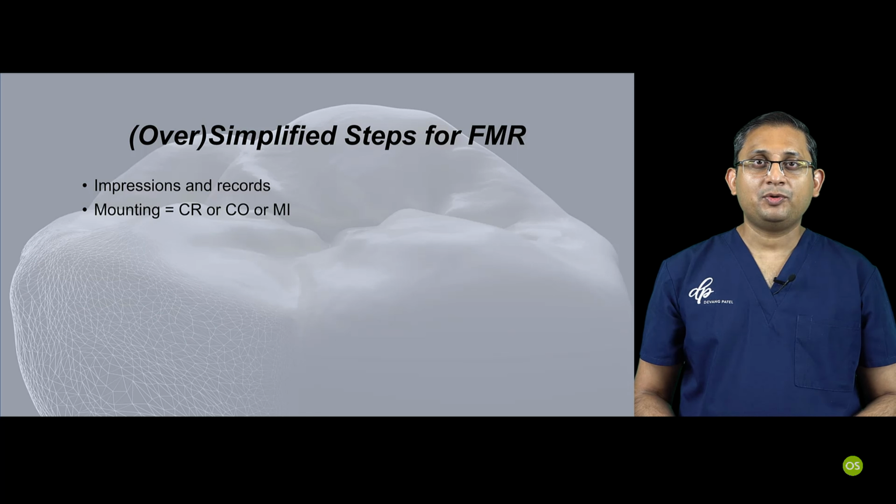Once I've mounted the models and assessed them, I would then do a wax-up. This is where you need to give the technician specific instructions. You need to tell the technician exactly which tooth surfaces you're going to do direct bonding on. Because in my opinion, when you send the models to the technician and don't give them strict instructions as to which surface you want waxed, you will get the model back with the whole surface waxed up.